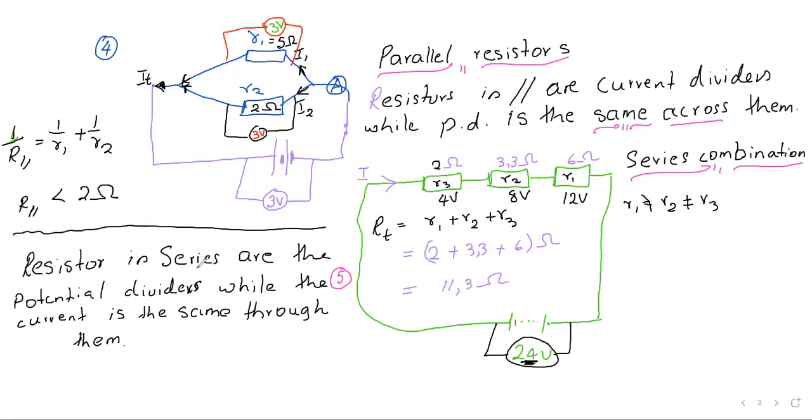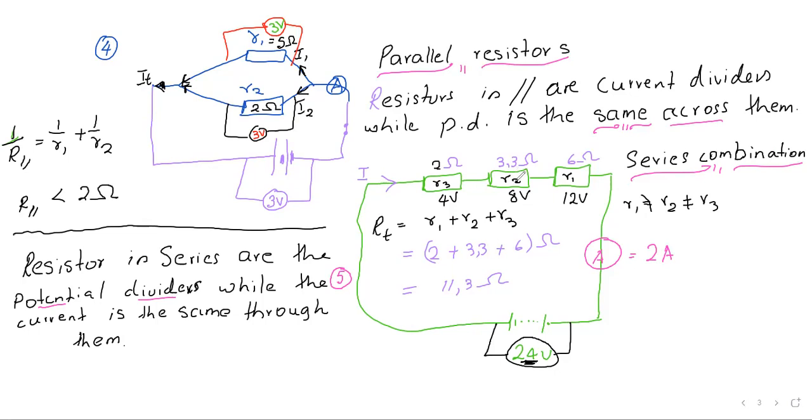Now, you have the resistors in series, which are the potential dividers, while the current is the same through them, meaning that if you have an ammeter here, and the ammeter measures 2 amps, it means here we will have a current of 2 amps passing by here.